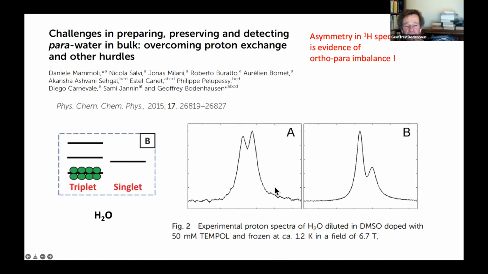Instead of having a symmetrical doublet, you have a very asymmetrical doublet. I'll try to prove that this asymmetry is evidence that at 1.2 Kelvin we actually had parawater, at least part of it.